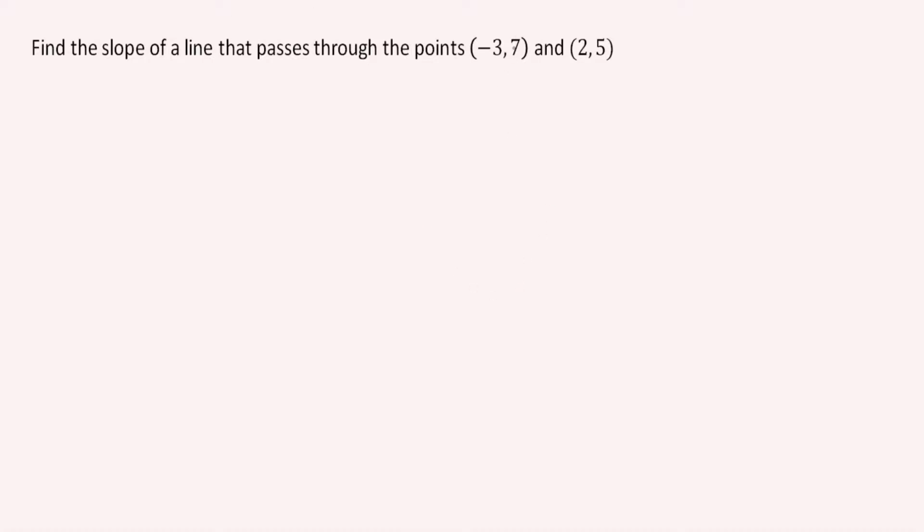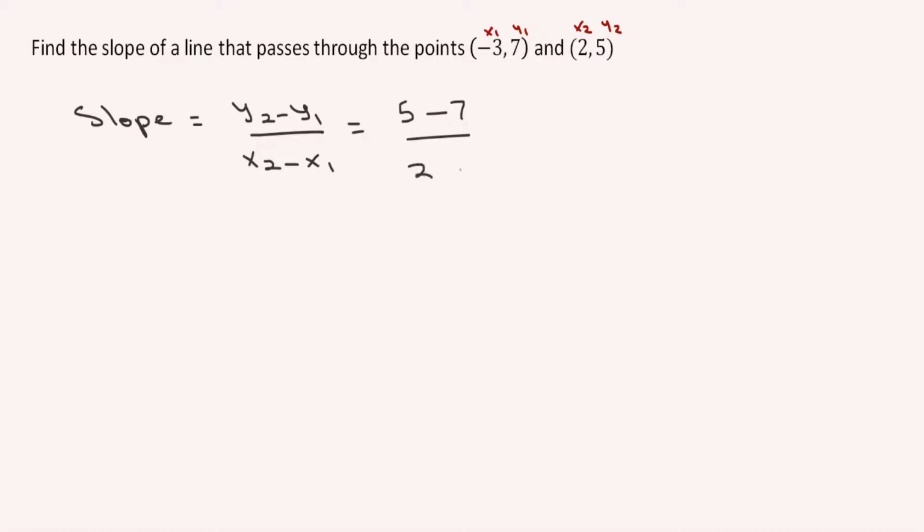So what I'm going to do here is make this my x1, y1, x2, y2. Here our slope is going to be, I always have this habit of writing out my formula first, y2 minus y1 over x2 minus x1. Now we can substitute. y2 is 5, y1 is 7, x2 is 2, x1 is negative 3.